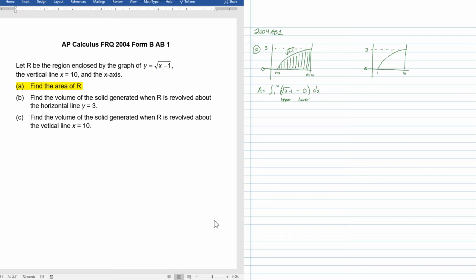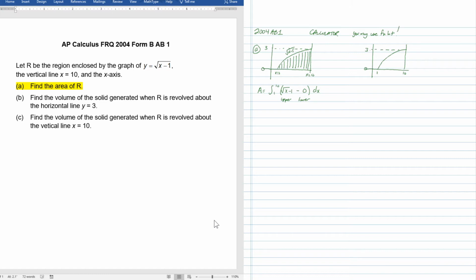So the integral, now before going further, let's remember this is a calculator question. Therefore, you may use fnInt or any other feature of the calculator.